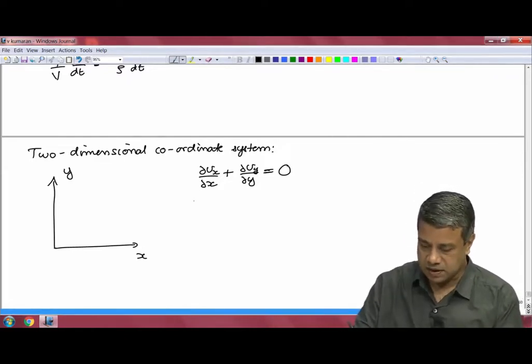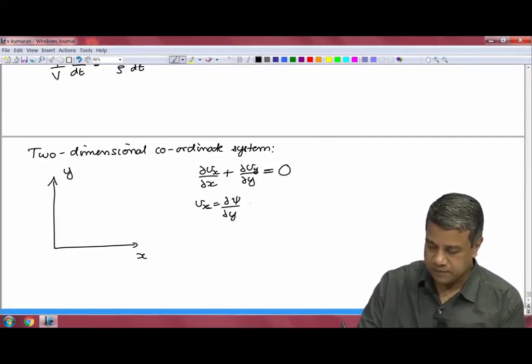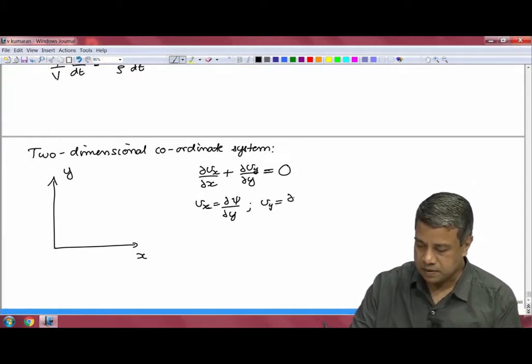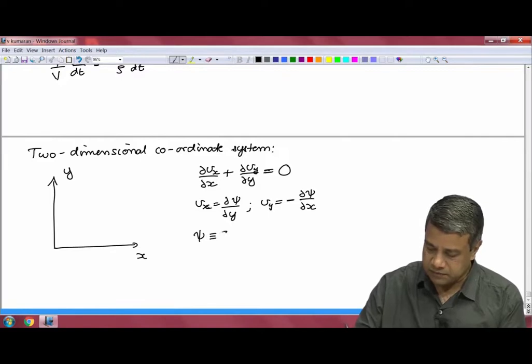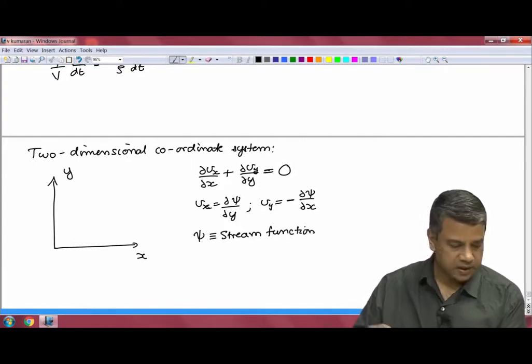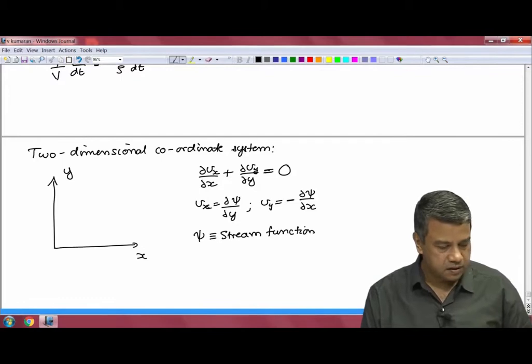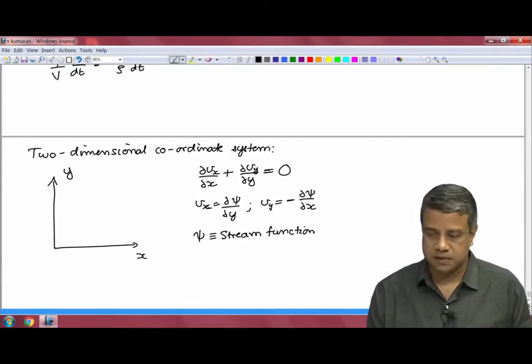The way this is done is to write V x equal to partial psi by partial y, and V y equal to minus partial psi by partial x, where this function psi is called the stream function. You can see that with this substitution, if I substitute that into the mass conservation equation, the mass conservation equation is identically satisfied.